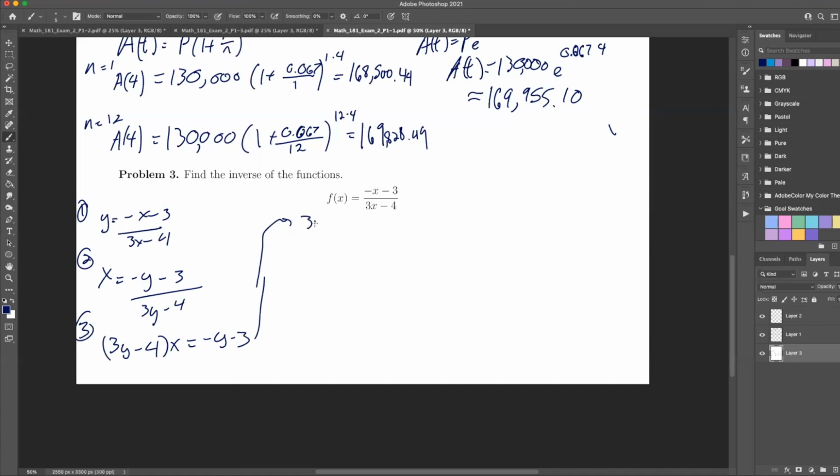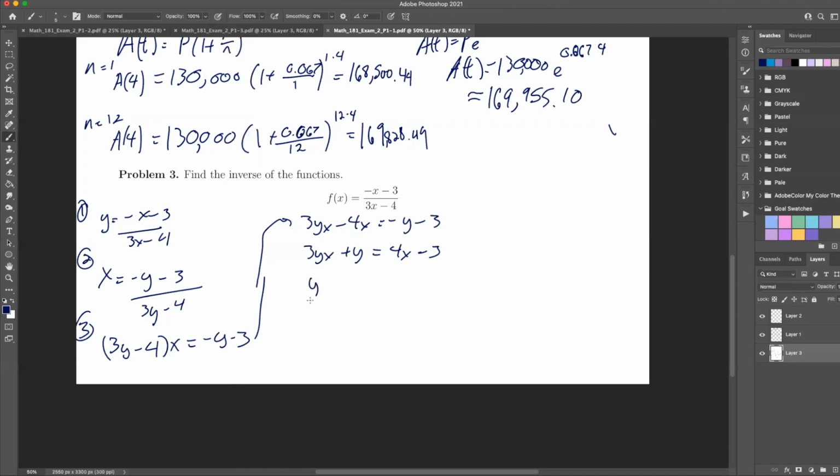So I'll have 3yx minus 4x equals minus y minus 3. We'll move all the y's to one side, so I'll have 3yx plus y equals 4x minus 3. So here I'm just moving this over here and this over here.